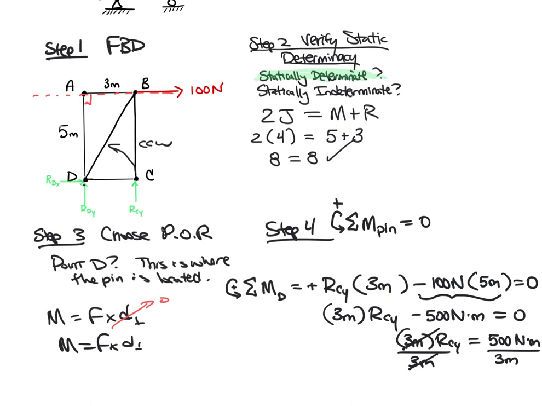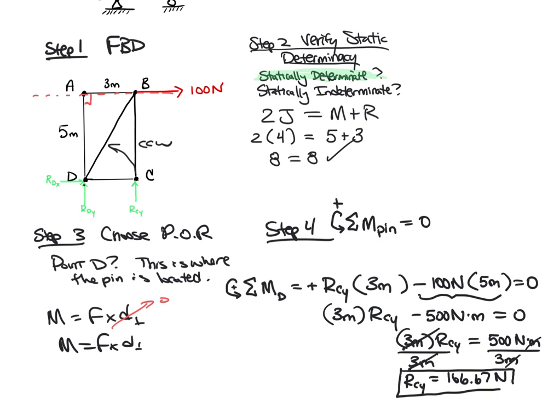They're gone. They're reduced to 1. So I have newtons as my final answer, which makes sense because RCY is a force. So RCY equals 500 divided by 3, which is 166.67 newtons. My answer is positive.